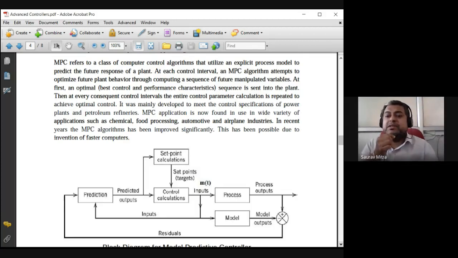The plant was trying to change itself so that it could become ideal. That was model reference adaptive control. In case of MPC, that is model predictive control, the class of computer control algorithm utilizes an explicit process model. You can find it here. So this is the process model.